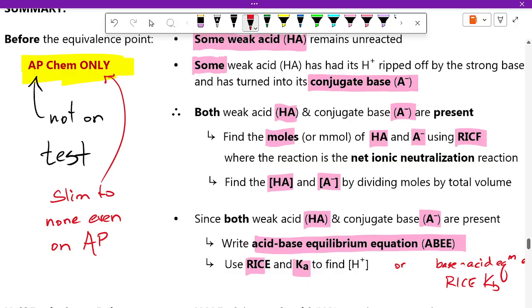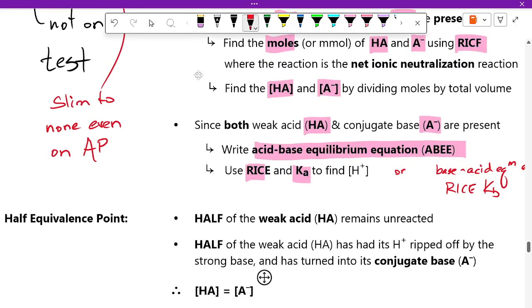So before the equivalence point is AP only. Halfway to the equivalence point is regular. And that's because we can use our little cheating thing, yes?